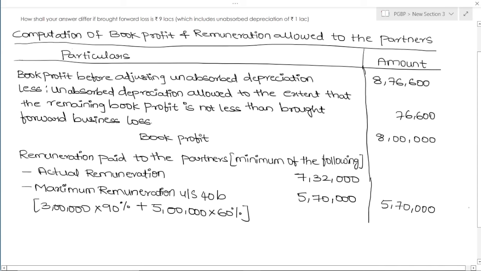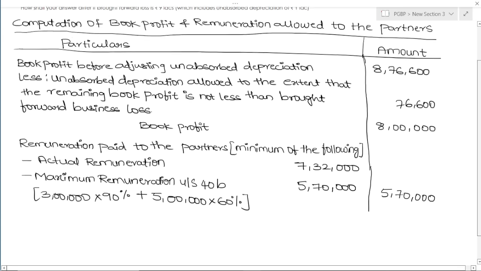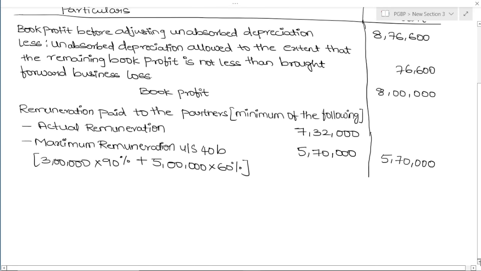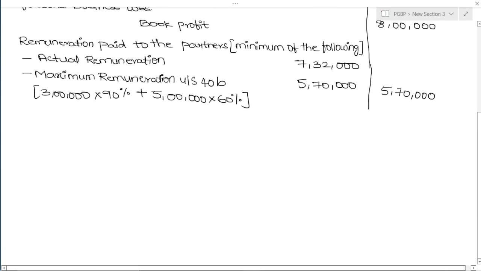Now let's continue, because in the heading we decided that we have to compute the book profit and the remuneration. We did it. Now we have to compute total income also, right? Because in the question they are asking what is your total income. So let's calculate.